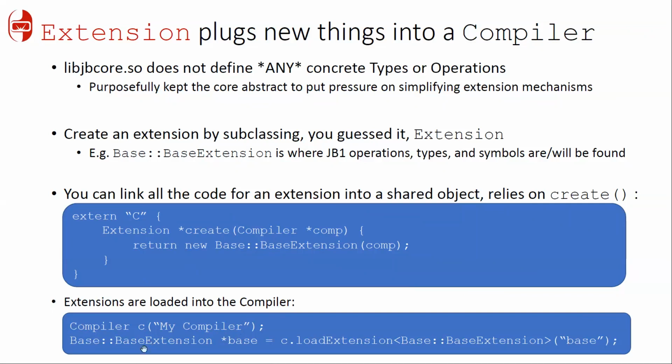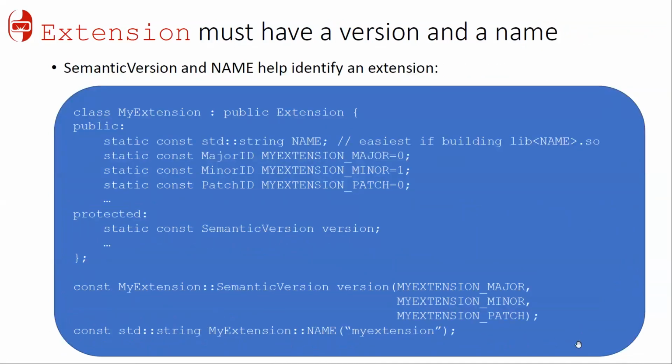The way you actually do that is relatively simple. There's a load extension function on the compiler object, which you can call. You give it the type so that it knows how to cast it properly, and then you give it a name, which corresponds to a name you've defined inside the extension. An extension has to have a version and a name.